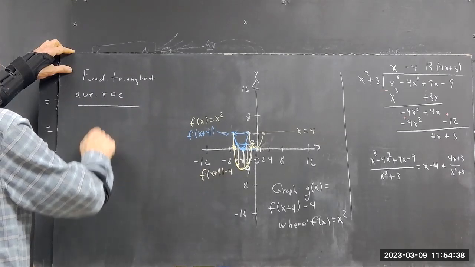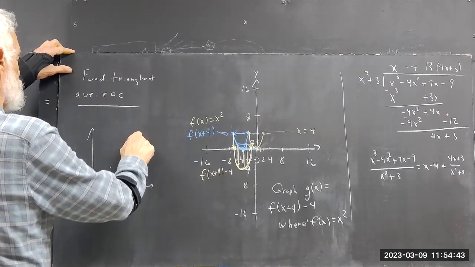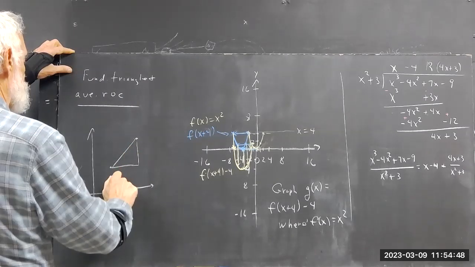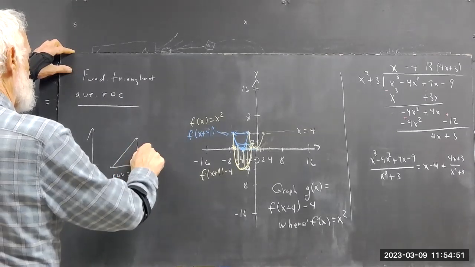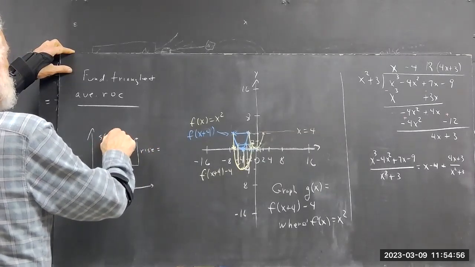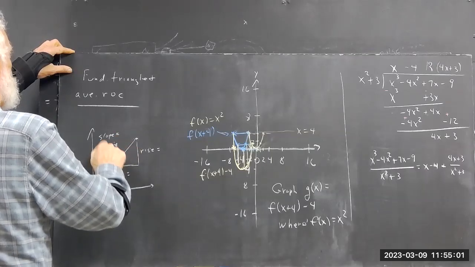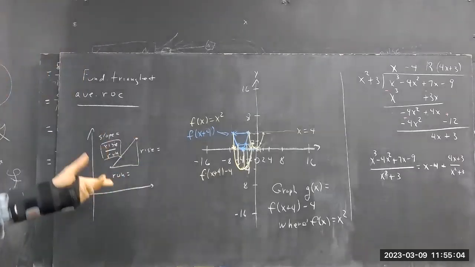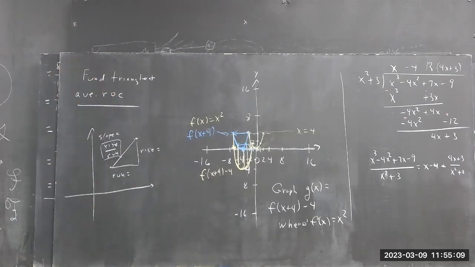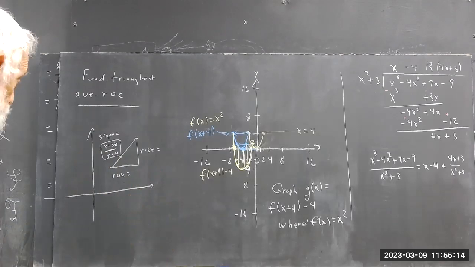Fundamental triangle and average rate of change. Be familiar with what I've written here. Run equals whatever, rise equals whatever. I'm not going to put numbers down. Slope is rise over run, that whole process.